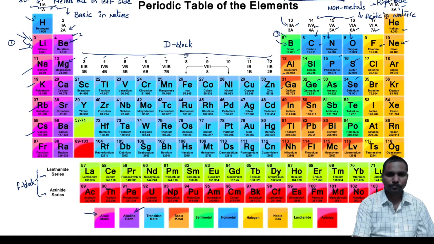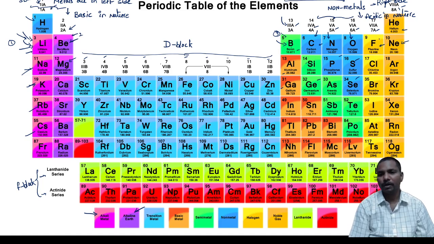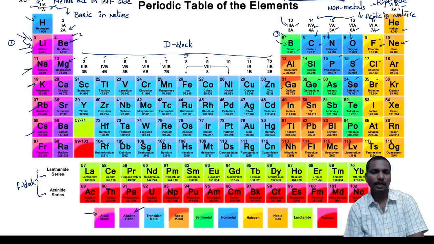For example, let us take lithium, sodium, potassium. These are metals, so metallic nature is higher on the left side. On the right side we have fluorine, chlorine, bromine, which are non-metals. So from metals to non-metals, metallic nature decreases. Metallic nature decreases means basic nature decreases, and electropositive nature also decreases.